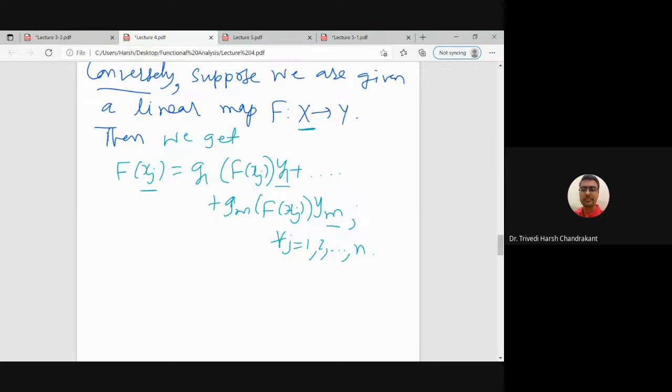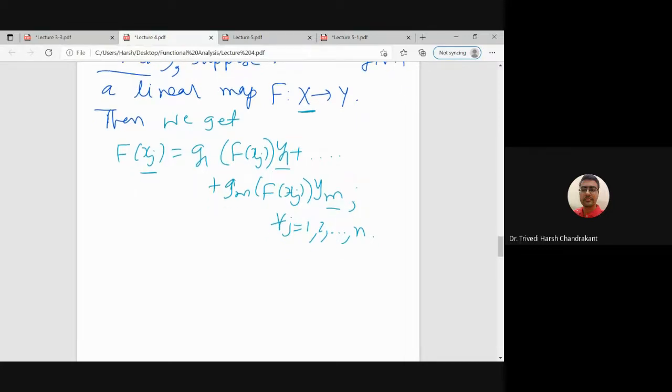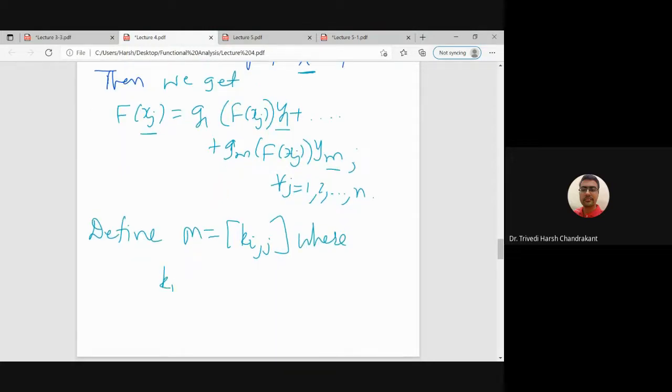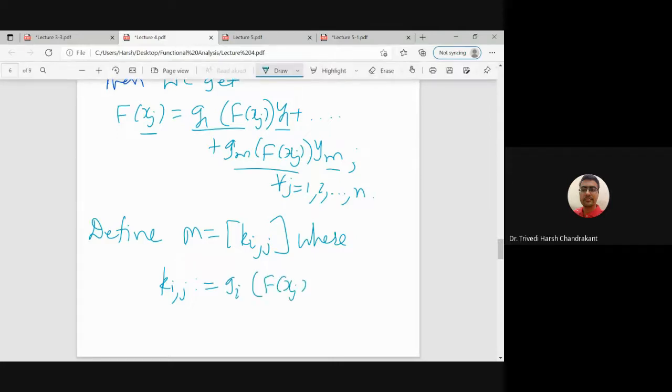Now, using these, we will define a matrix M, which is kij, where kij is defined using these coordinates: gi of f(xj), that means the ith coordinate of the vector f(xj).